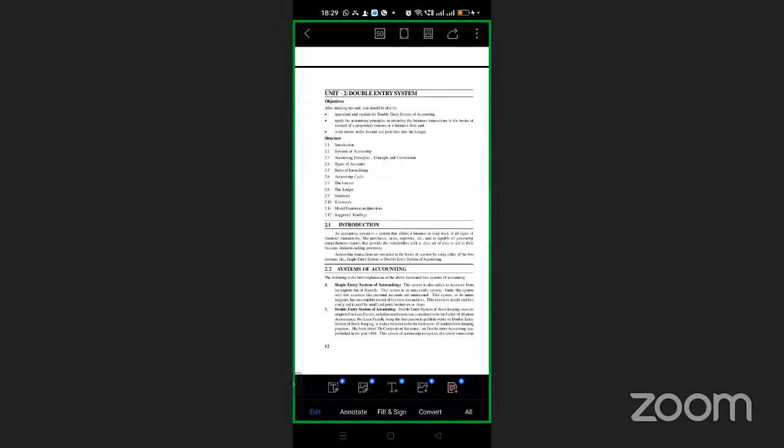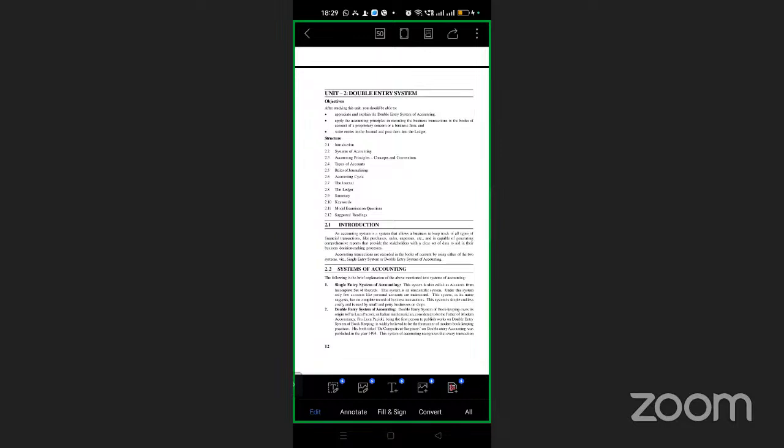So there are two effects. We are giving goods to the customer, and the customer is giving us money. So two activities are taking place in one transaction: one is the giving effect, the other is the receiving effect.